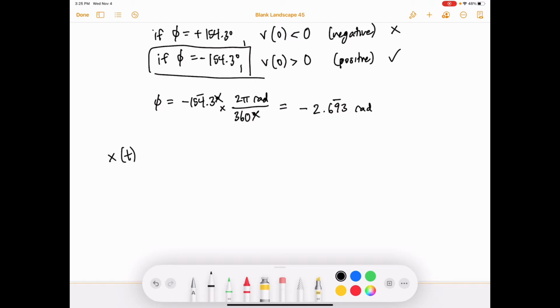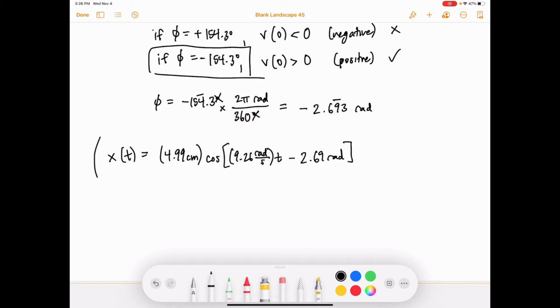So the final answer is x as a function of time is equal to the amplitude, 4.99 centimeters, times cosine omega, which was 9.26 radians per second, times t, and then minus 2.69 radians, like this.